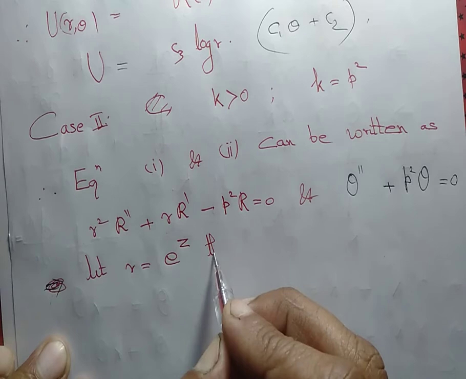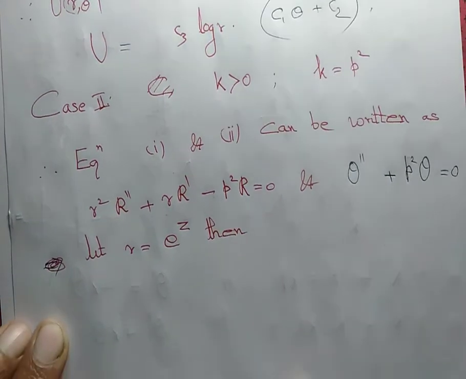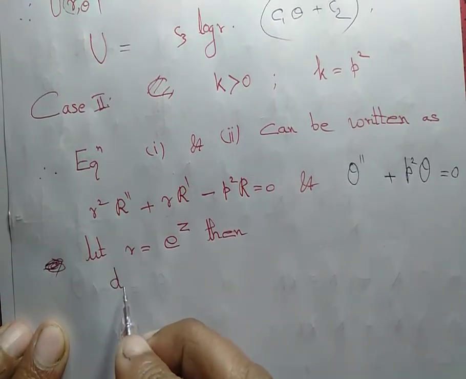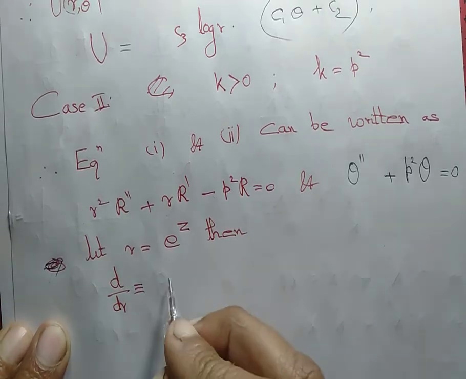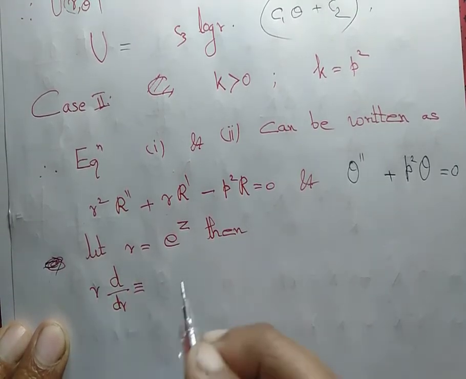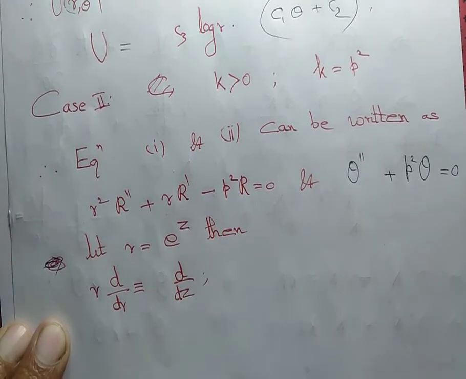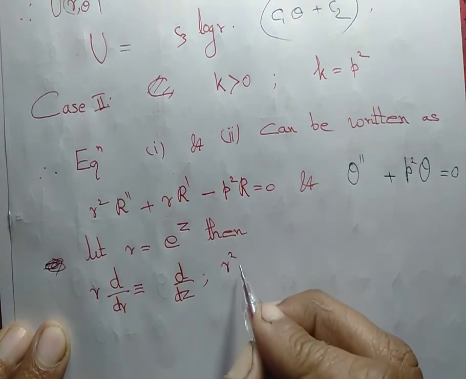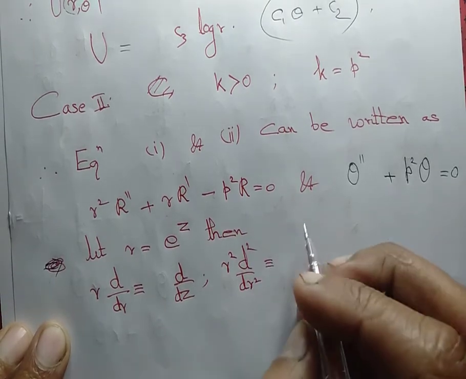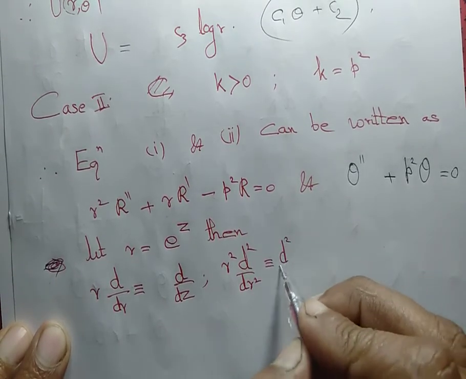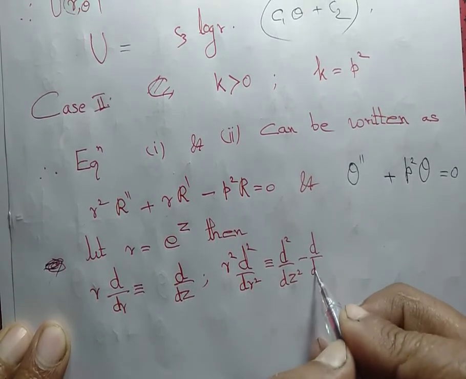Then by the theory of homogeneous differential equations of order 2, you will have r d/dr can be written as d/dz, and r squared d squared/dr squared can be written as d squared/dz squared minus d/dz.